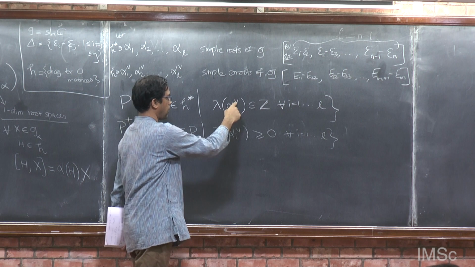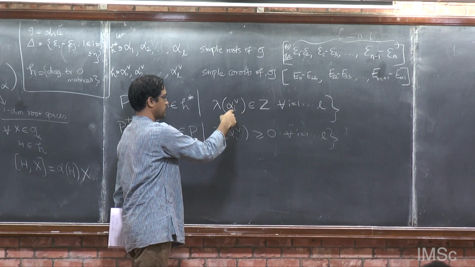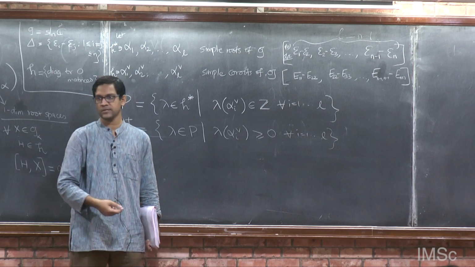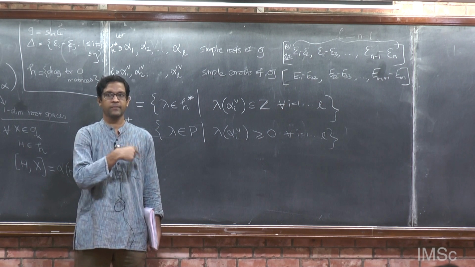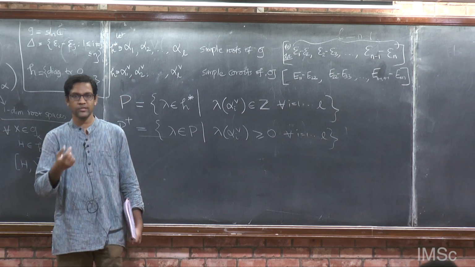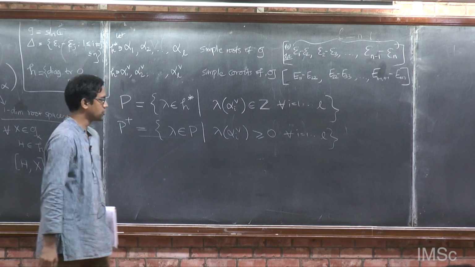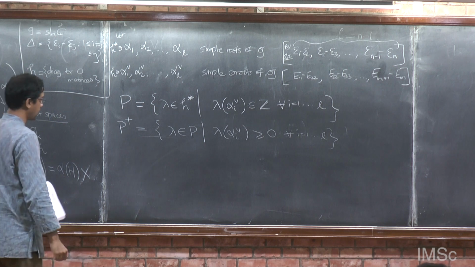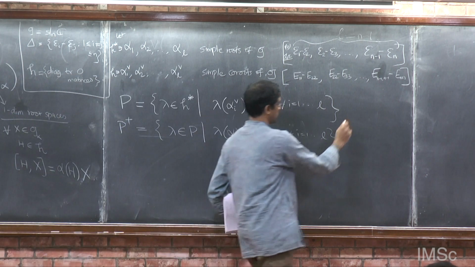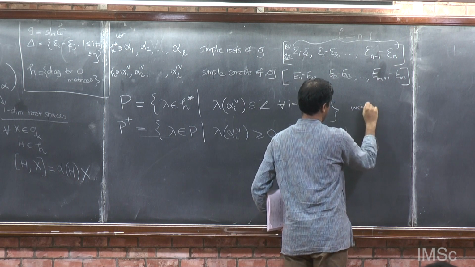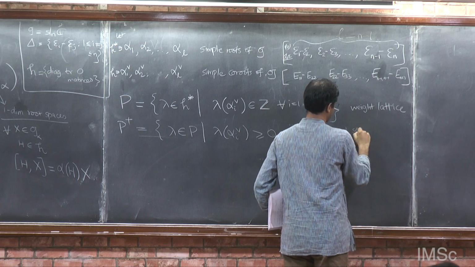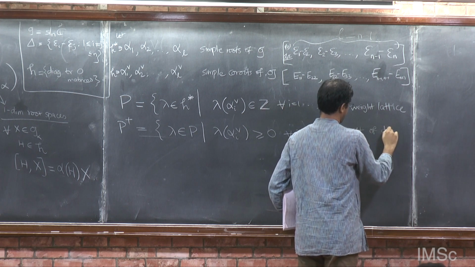I said for all alpha checks, not just the simple co-roots, I said for all e_ii minus e_jj, it needs to be true. That's too much. It's enough to ensure it's true on the simple co-roots. So this is the space of dominant weights. This is the weight lattice. This is the set of dominant weights.